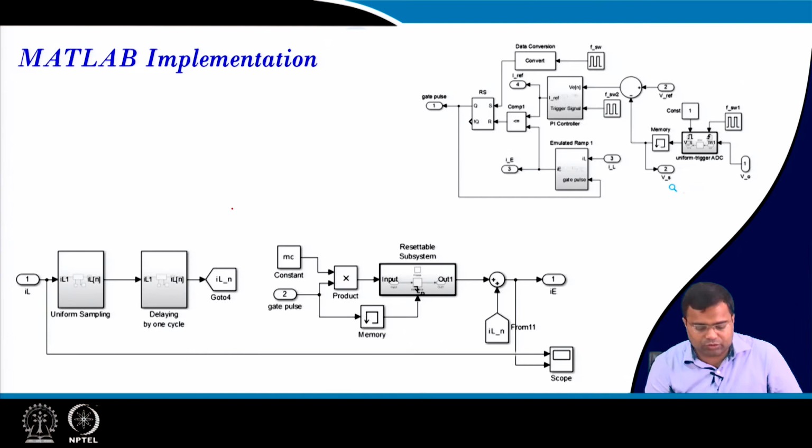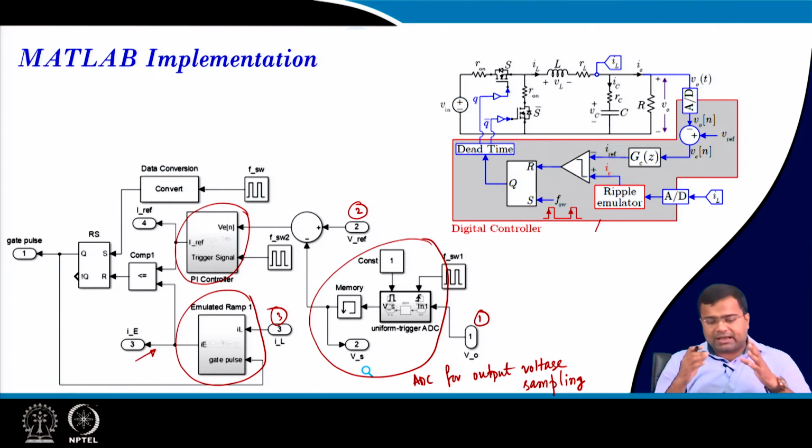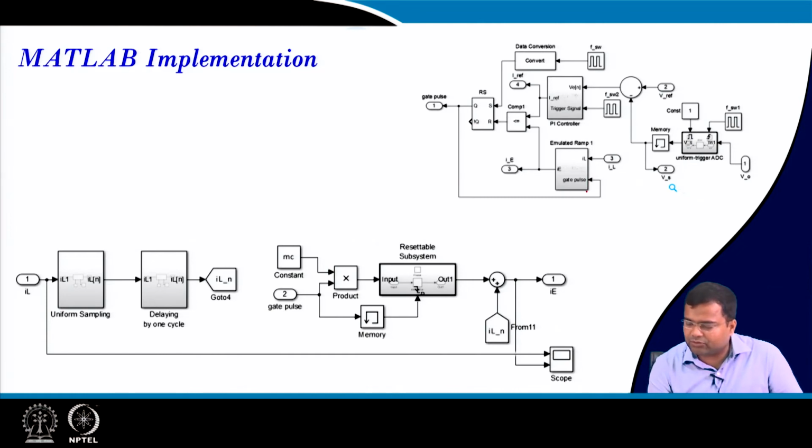Okay. So, if we go to the next, this is inside the error block, because what it is generating is IE, which is the emulated current, which includes the sample current plus the emulated ramp, and that will be compared to the reference current, and the reference current is coming from the PI controller. Now we want to go inside this block. What is the input to this block?